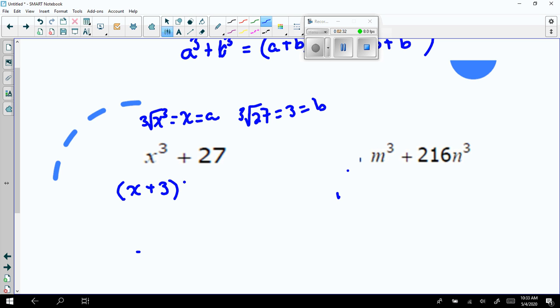Then I square whatever my A is, and then I subtract the product of these two numbers, so that's 3x, and then I square my B.